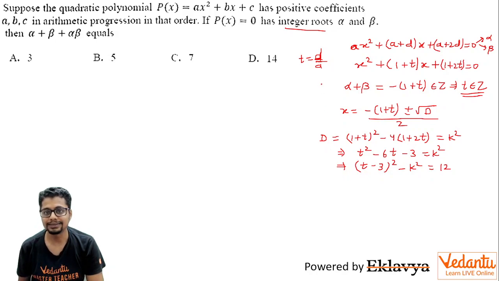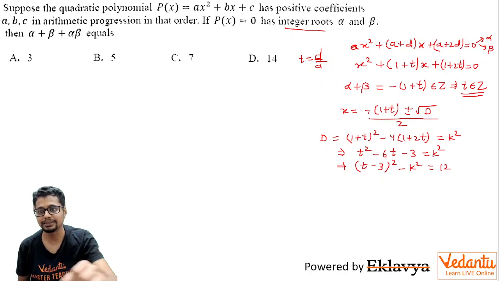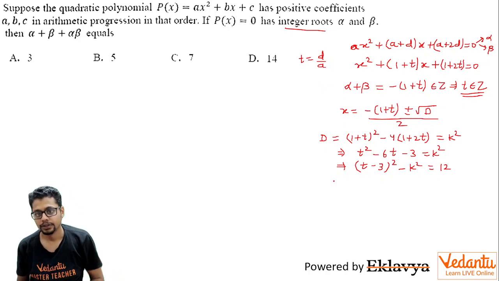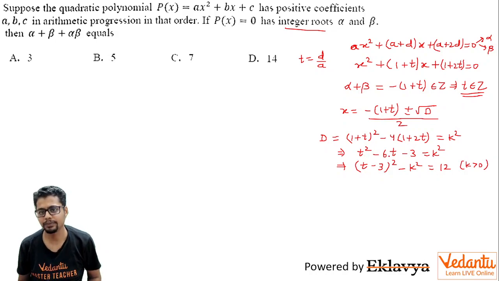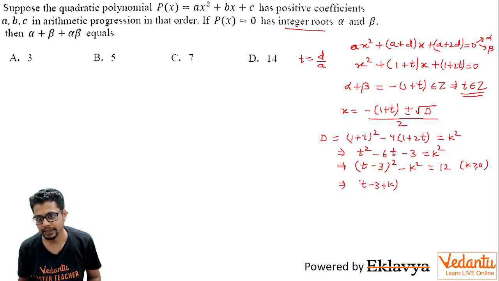Now mind it, since t is an integer, even t minus 3 would be an integer. So here without loss of generality, let me say k is positive, because I'm saying t square minus 6t minus 3 should be a perfect square, let's say k square. Let's say k is greater than or equal to 0. So here you get (t minus 3 plus k) times (t minus 3 minus k) is equal to 12.